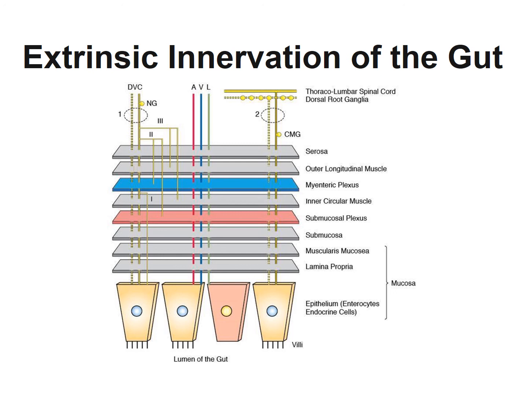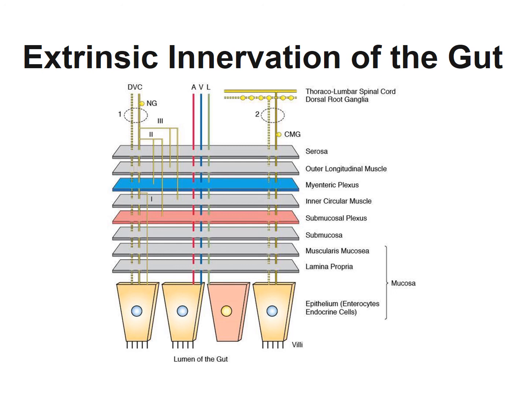The splanchnic nerves have afferent and efferent fibers, and the first order neurons are located in the thoracolumbar area of the spinal cord, in the dorsal root ganglia.